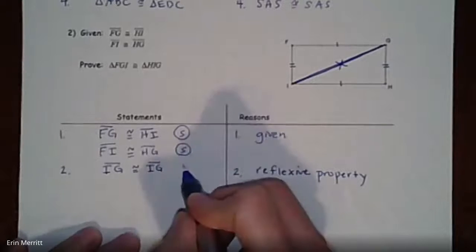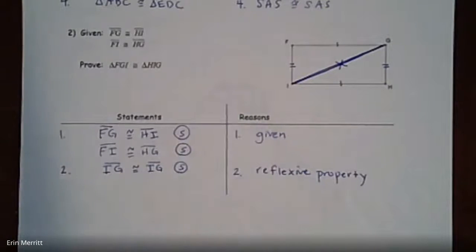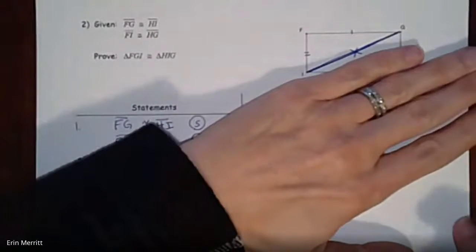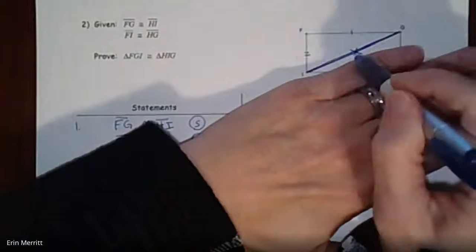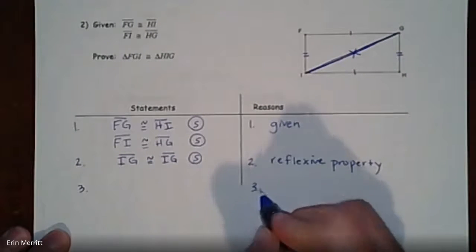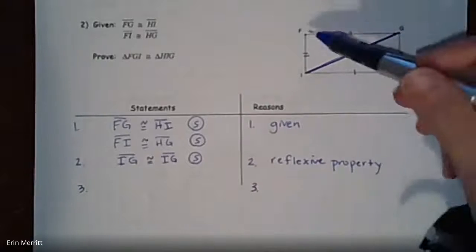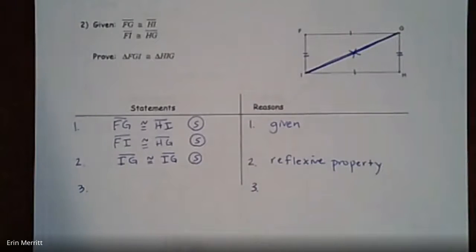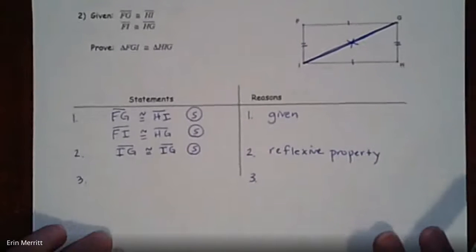All right, that gives us the third pair of sides. So if I cover up one triangle, I can see right here, side, side, side, and there we go. Something that you have to make sure of: you can't say, well, angle F looks the same as angle H. Nope, I almost need you to play a little stupid on these ones. If it doesn't say it and we don't know definitively that they're congruent, you can't assume anything, right?